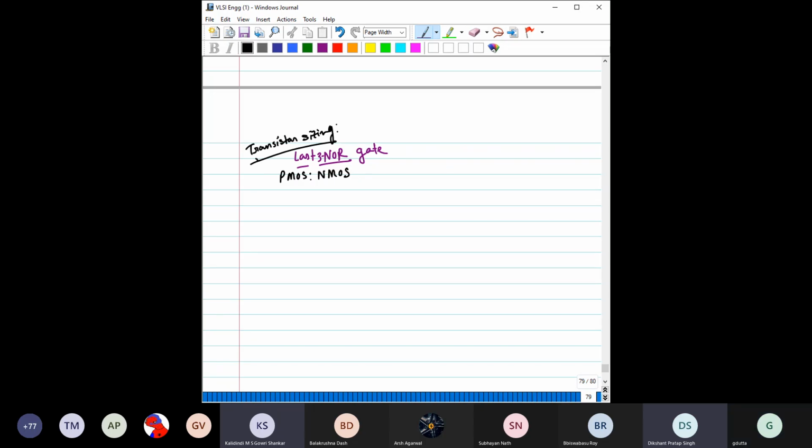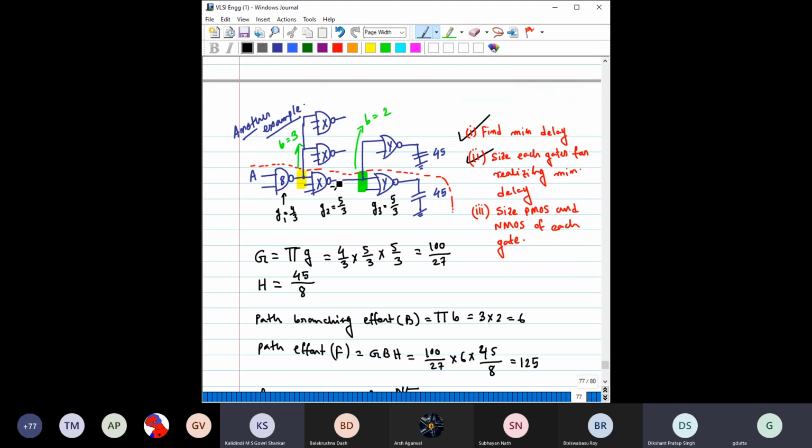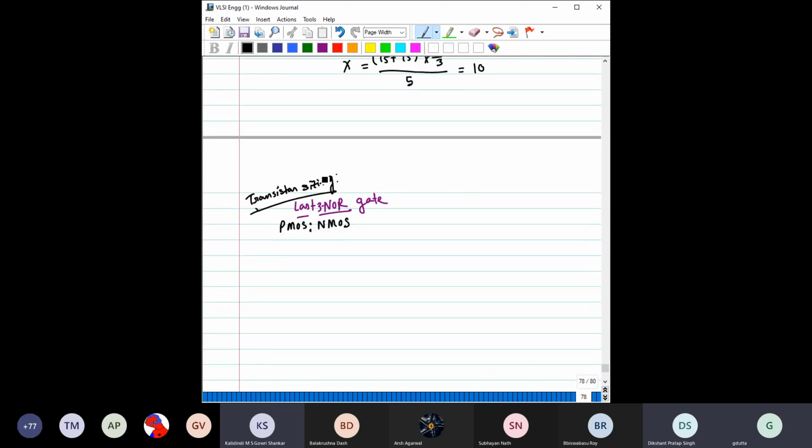Anyone? Oh, the last one is the 2 input NOR gate, right? So it is the 2 input NOR gate. For the 2 input NOR gate, what is the ratio? 4:1. We have already discussed it, right?